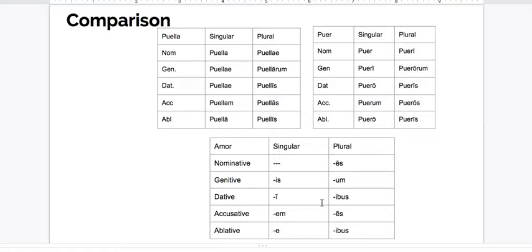Remember, the endings don't have to be identical, but do we see some general similarities, either between cases or similar cases that are the same, where the endings are the same in every declension, things like that. Okay, so pause the video and try that now, and then I'll walk through some of the ones that I would like you to notice.